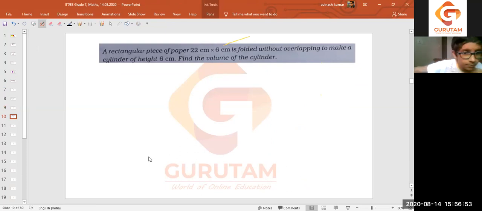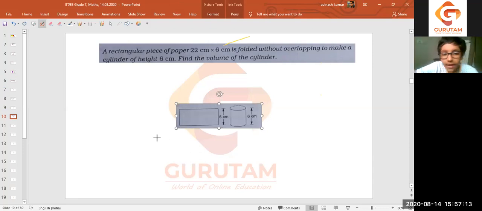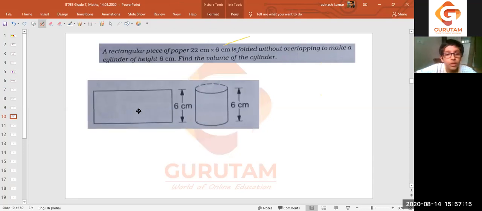A rectangular piece of paper 22 centimeters into 6 centimeters. Is 22 centimeters the length or the breadth? Obviously, it will be the length. But there isn't any height, because a paper will have a height, no?